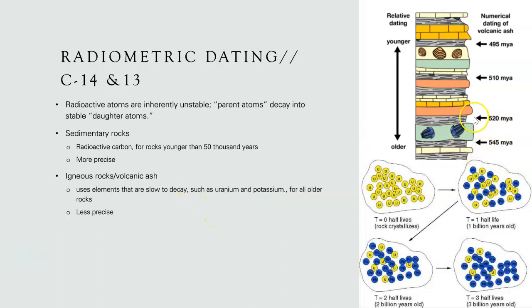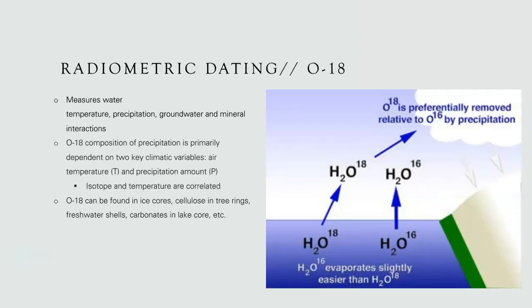They use bracketing by determining the age of layers around an interesting artifact, to say it's between a certain range of ages. Uranium and potassium are used in igneous rocks because they have a longer half-life than carbon does. However, it's just a much less precise way of measuring the date of a sample, which is why it's not a very prevalent form of evidence.